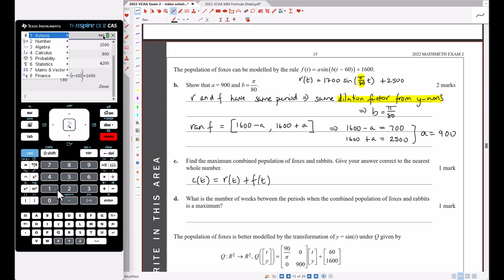Okay, so then we need another function, c of t, which is going to be our combined population, r of t plus f of t. Okay, so that would be the rule for that.